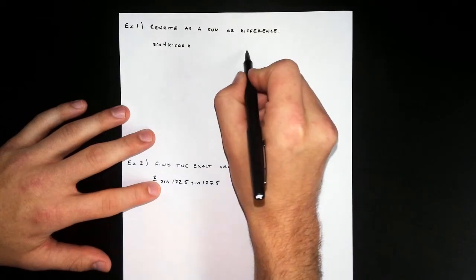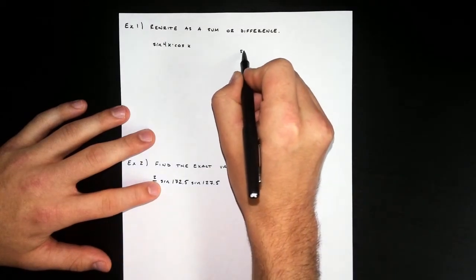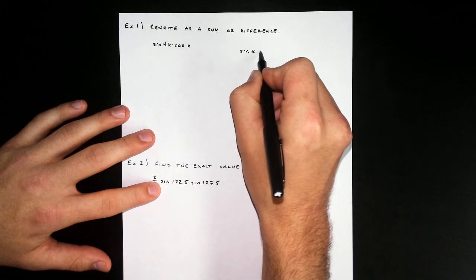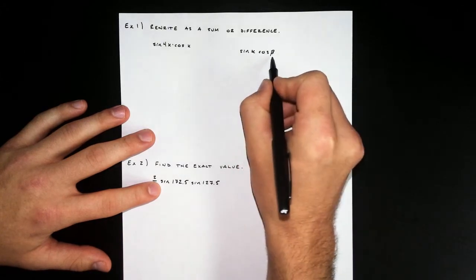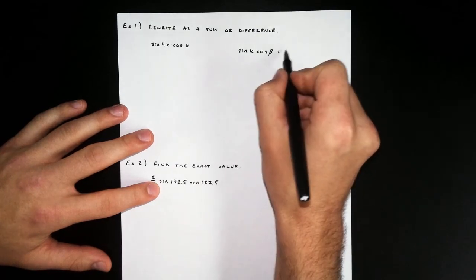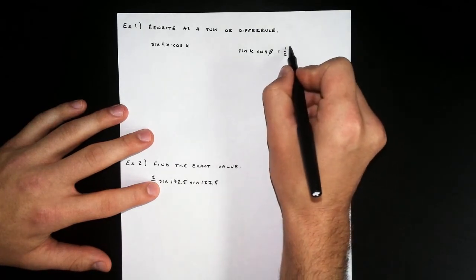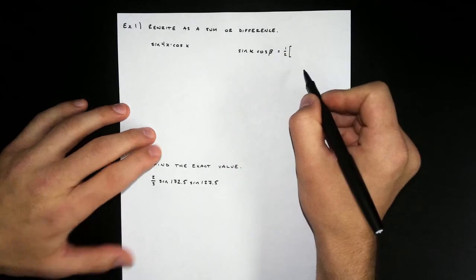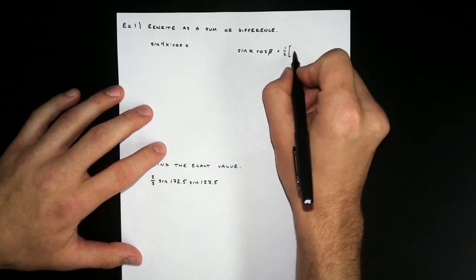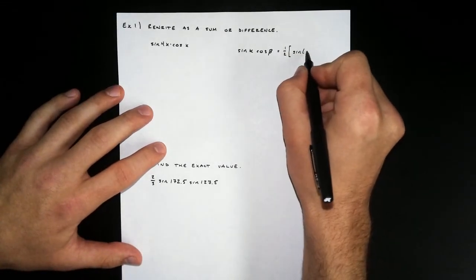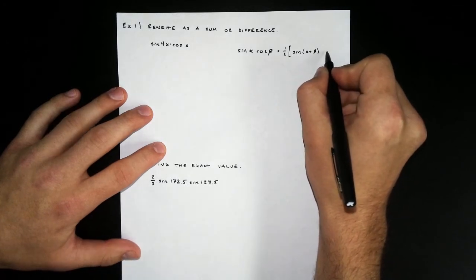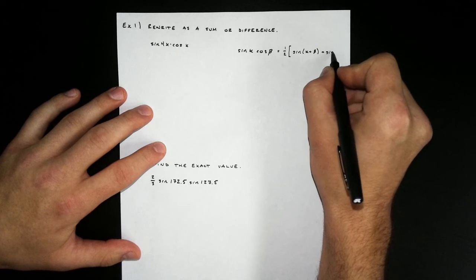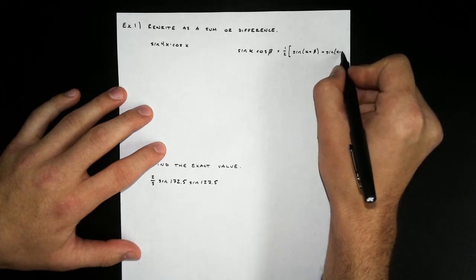So sine times cosine, our identity for this. So sine of alpha, cosine of beta, this is equal to 1/2, and then it is the sine of the two angles added together, and then plus the sine of the two angles subtracted.